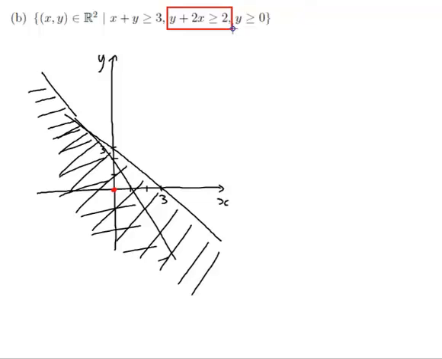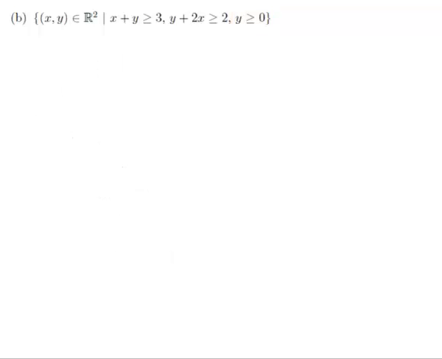Most of that's already crossed out, as you can see. Okay, now for the last bit. y is greater than or equal to 0. So we'll cross out the bit where y is negative, which is this bit here. And we're left with this big white bit up the top. So just like last time, let me draw a new picture so that whoever's reading it, it'll be a little more obvious what's going on. So my set looks like this.